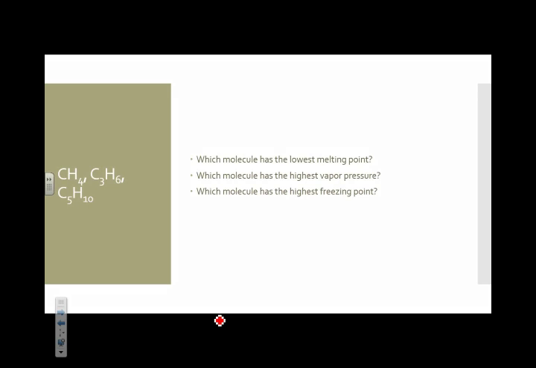So, if we consider CH4, C3H6, and C5H10, all of these are molecules that contain CH and CC bonds. CH and CC bonds we know are all nonpolar, and so all of these are nonpolar molecules.